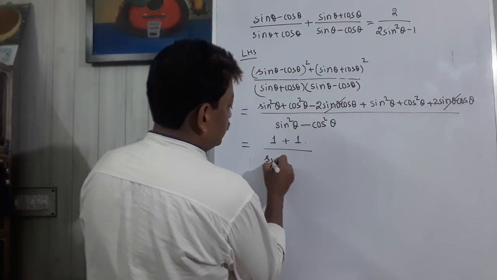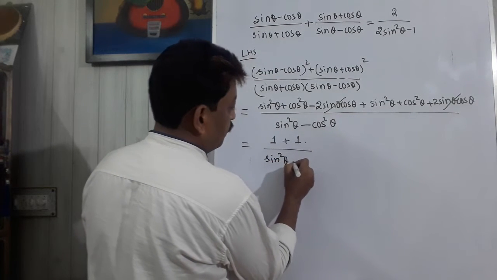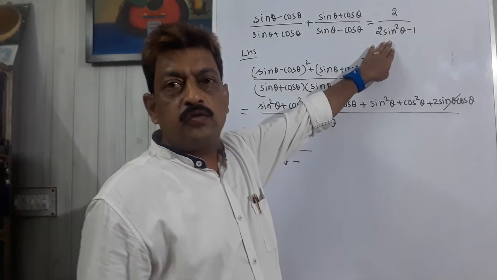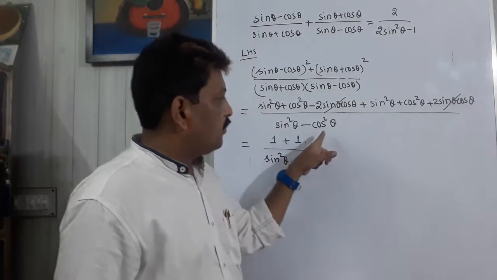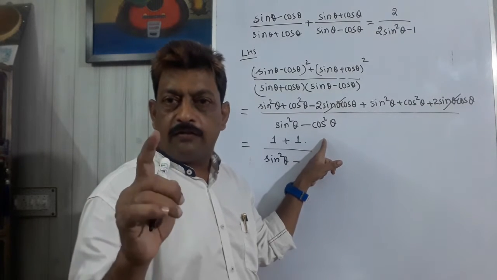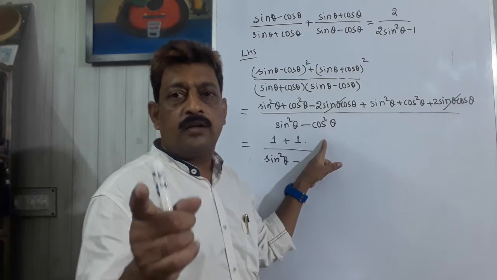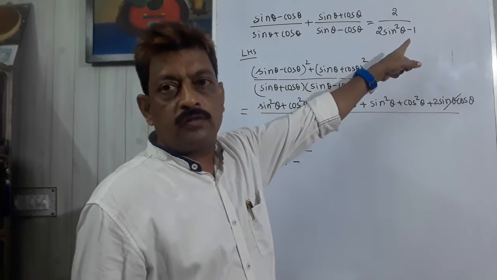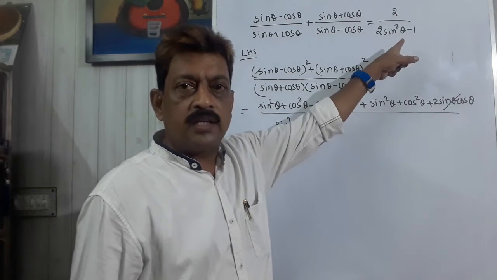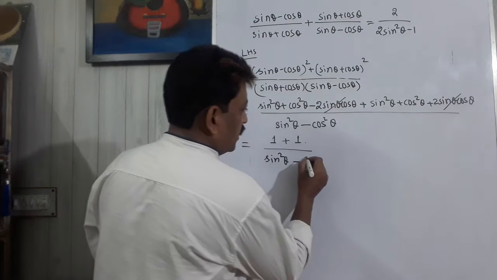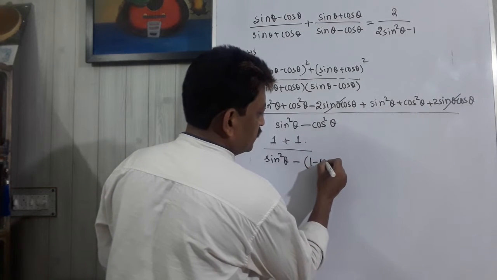And denominator, sin square theta minus, see the right hand side, there is only sin square theta, but we are also having cos square theta. So it is very easy to understand that we have to change this cos square theta into 1 minus sin square theta, because cos square theta is not there, only sin square theta is there. So let us change this cos square theta into 1 minus sin square theta.